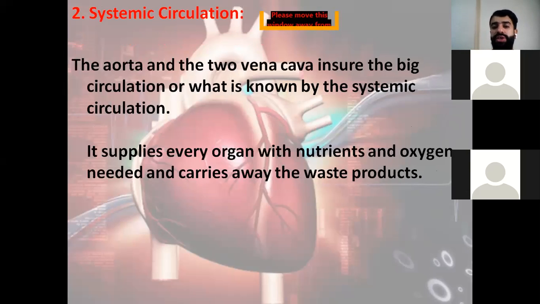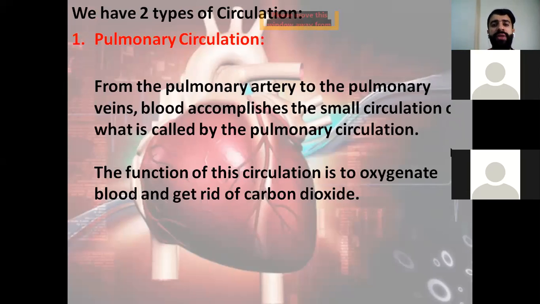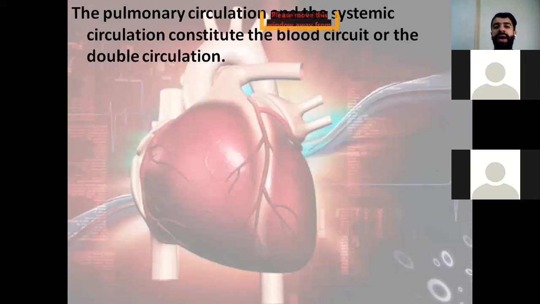Whereas in the systemic circulation, the aorta and the two vena cava, superior and inferior, ensure the big circulation, or what's known as the systemic. Its role is to supply every organ with oxygen and the nutrients needed and to get rid of the waste. Both of them, the systemic circulation and the pulmonary circulation, form what's known as the blood circuit or the double circulation.